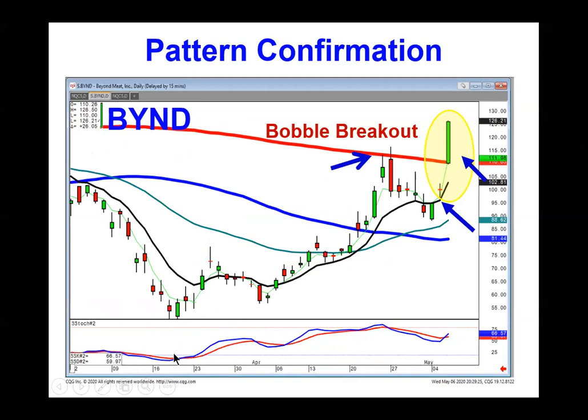The Japanese rice traders made it very simple. If you see a candlestick buy signal in an oversold condition, you're probably seeing a reversal. If you see a candlestick sell signal in an overbought condition, you're probably seeing selling. Everything that I discovered when I was learning candlestick analysis decades ago was, this makes sense.